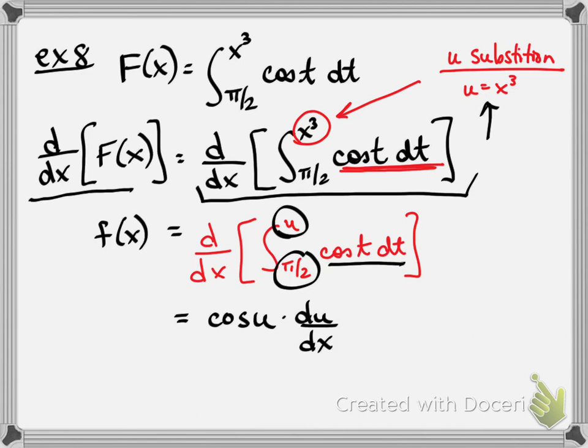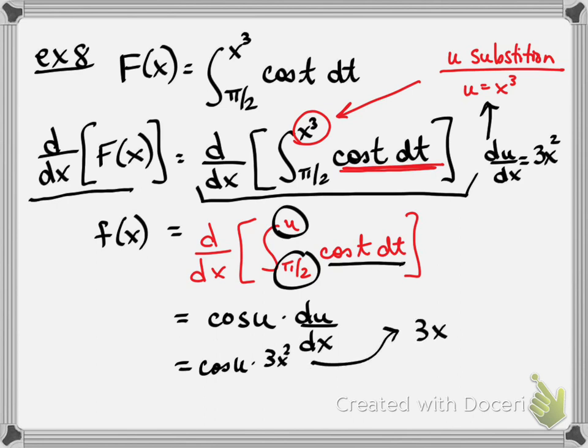If u is x to the third, then du dx says take the derivative of u with respect to x, and it's 3x squared. So this is cosine of u times 3x squared, which we'll probably write the 3x squared first. And instead of writing u, we'll go ahead and back substitute and put the cosine of x to the third.